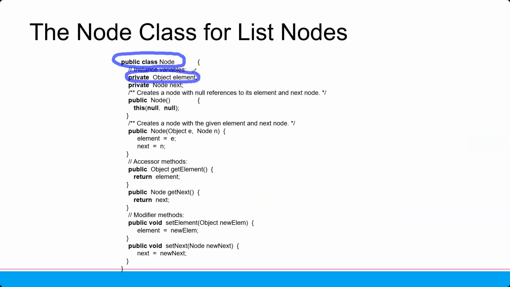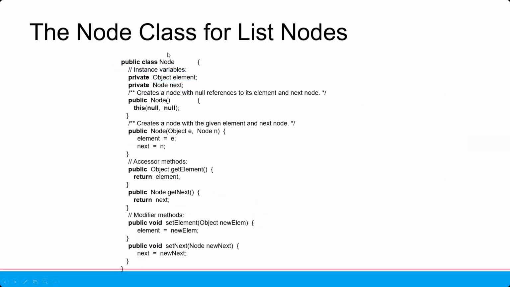The element means any object. If you create an object about a car, then the element will be a car. If you have the object as a student, then the object will be one student. And then we have another object which is next. It is a connector to the next node.